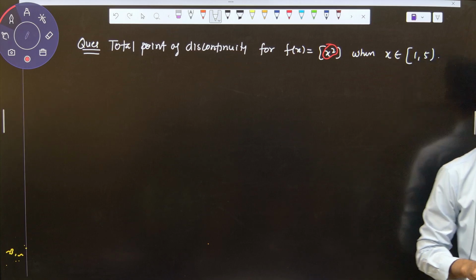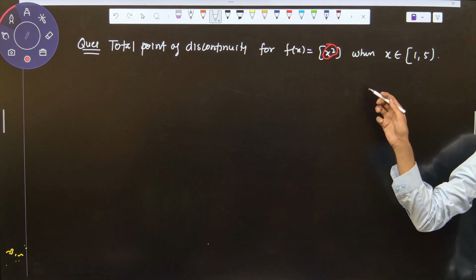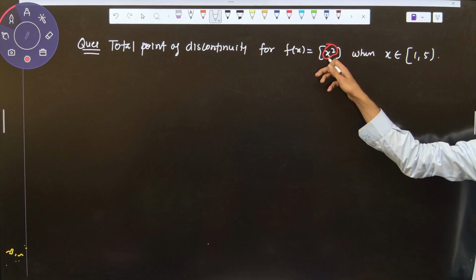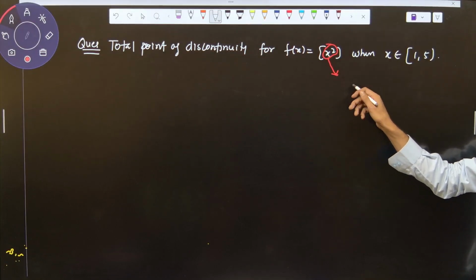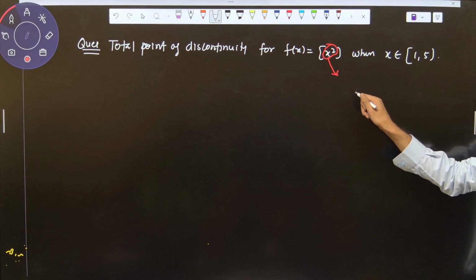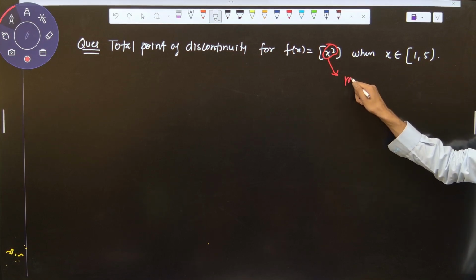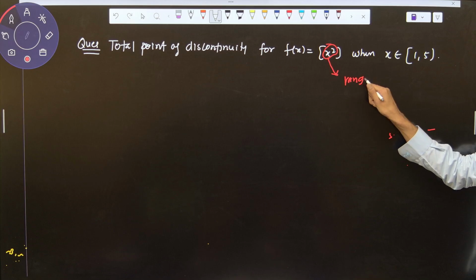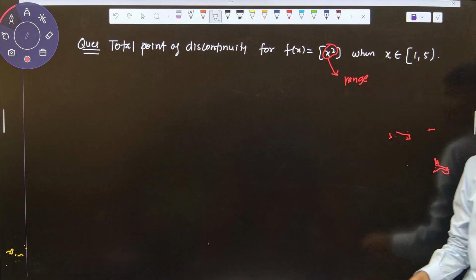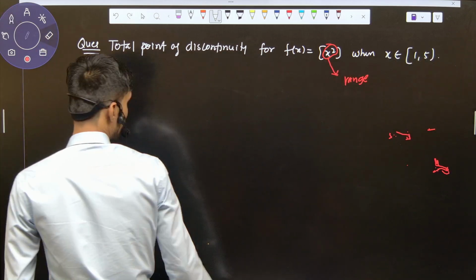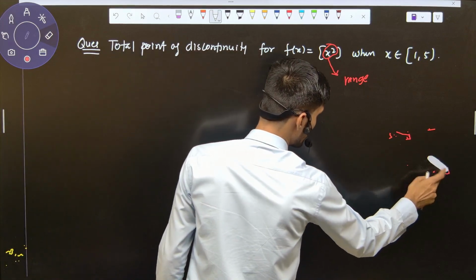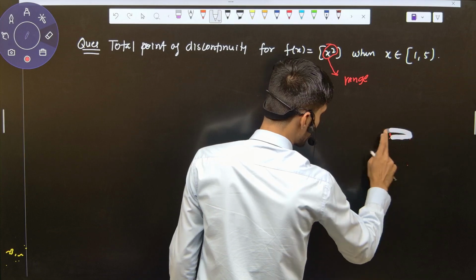So what we do, first of all, find the range of whatever expression is inside. What will we find first? Range. First of all, you'll find the range of that x square.